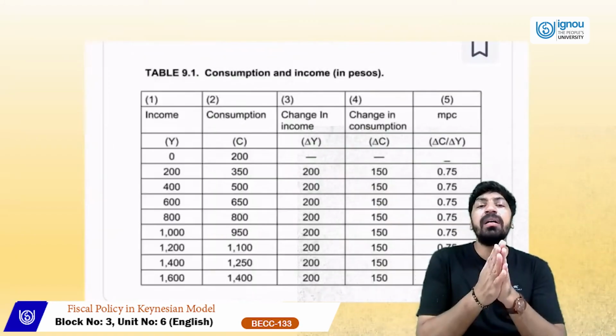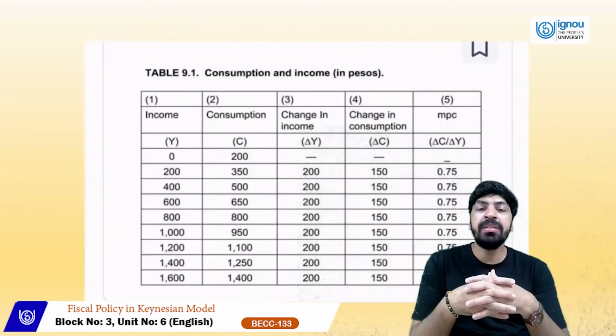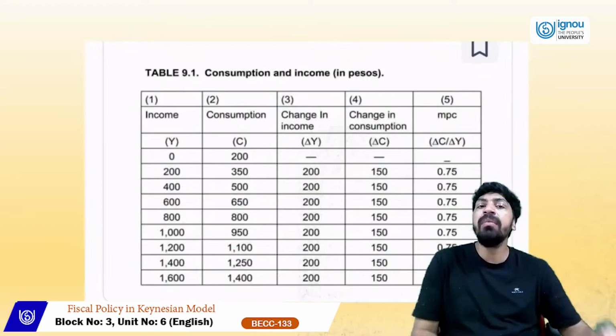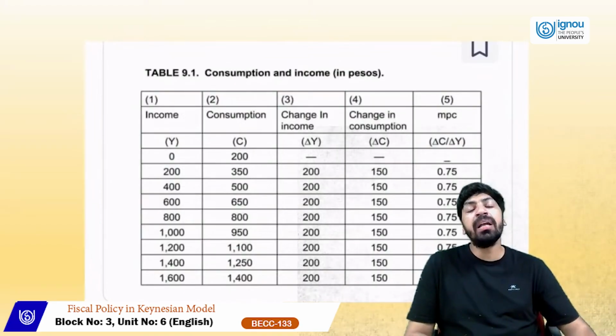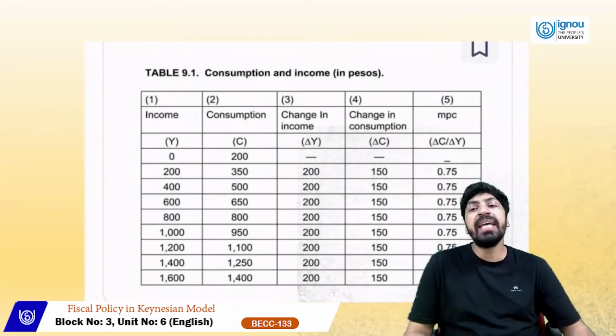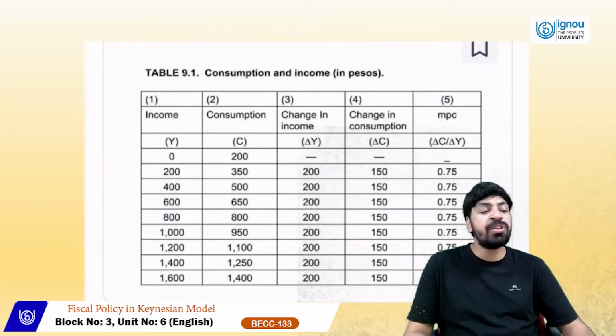This is a tabulation representing income, consumption, change in income, change in consumption, and MPC. What is MPC? MPC is marginal propensity to consume.